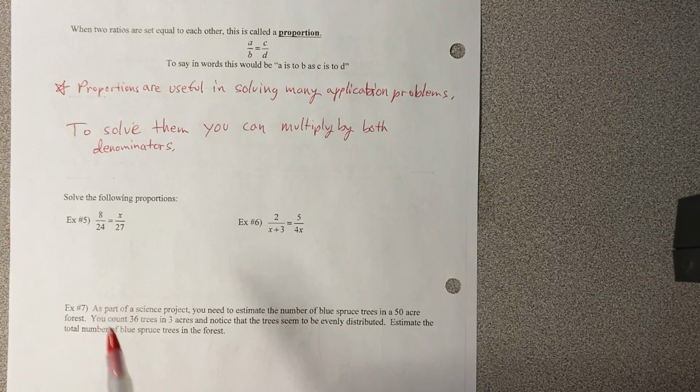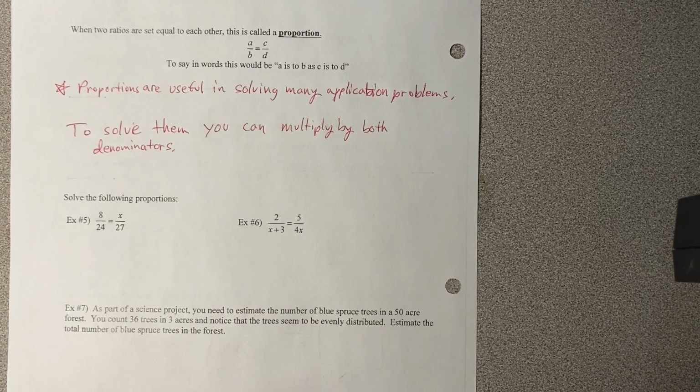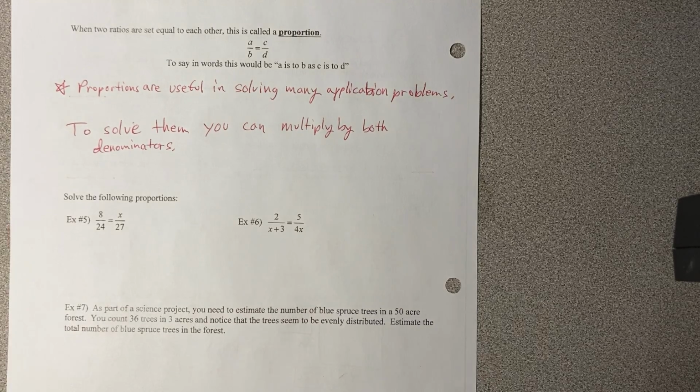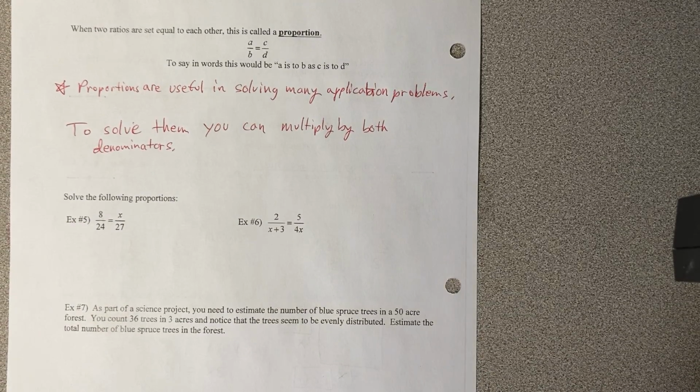And we'll talk about it on our first example. But after we do a couple of examples, students get wise to what I'm talking about. And they realize that multiplying by both denominators is actually, you know what, I won't tell you. We'll find out together.